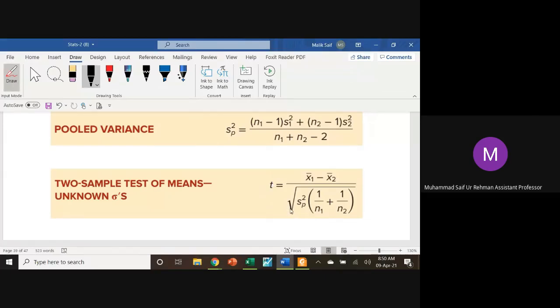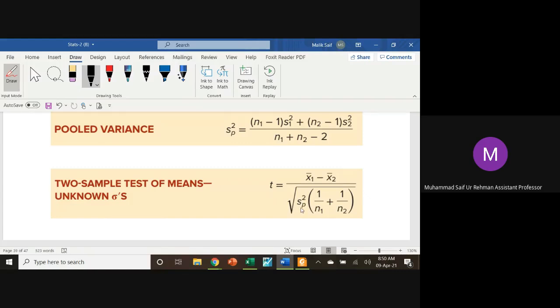And if population standard deviations are unknown and unequal, then the formula will take another shape that we will write down in the next lecture. In that case, we will remain unable to pool. So SP will not be there. In fact, SP square will not be there.